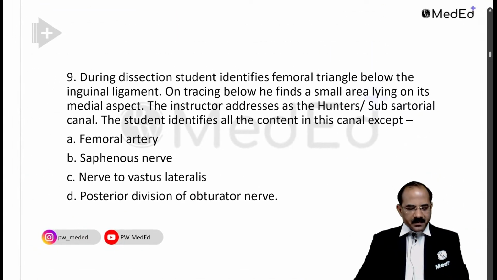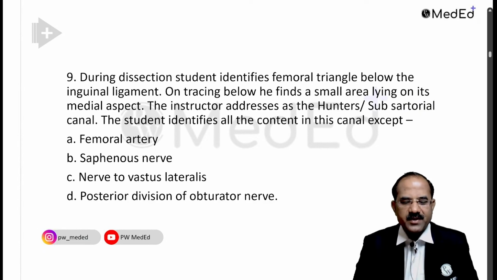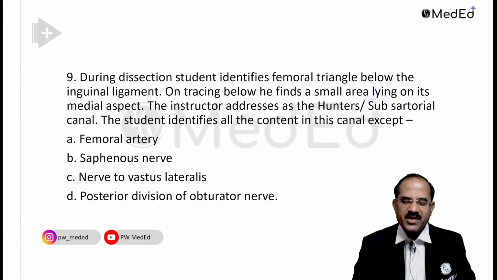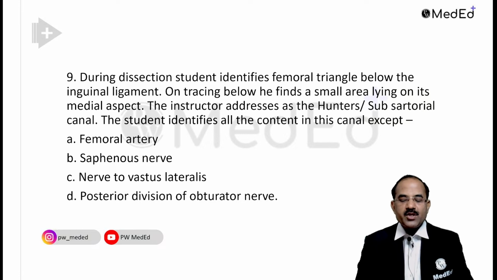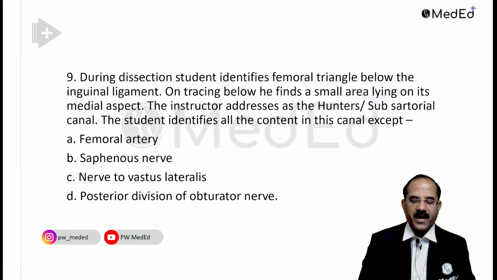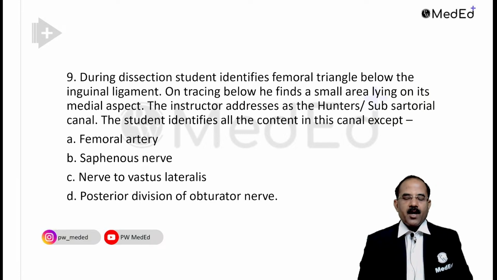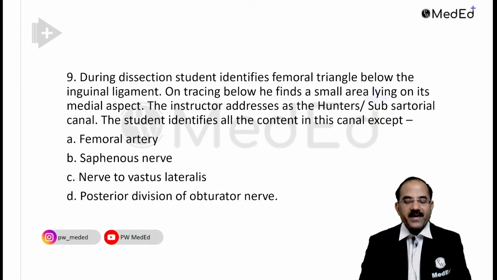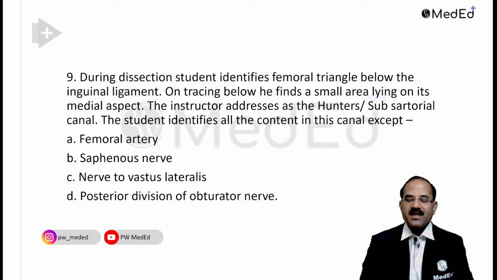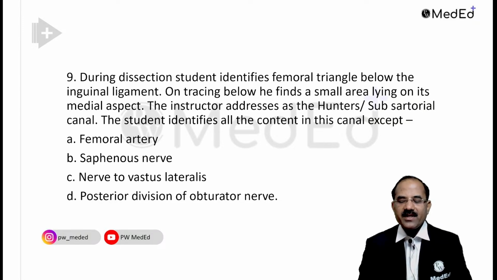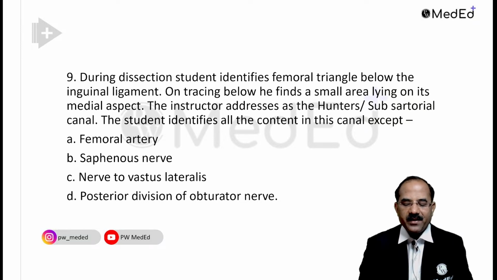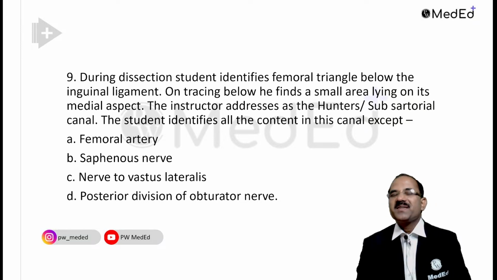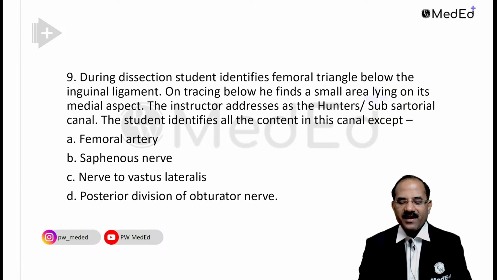Answer this. During dissection, students, during dissection, a student identifies the femoral triangle. Fine. Below the inguinal ligament. On tracing below, he finds a small area lying on its medial aspect, which the instructor addresses as the Hunter's or the subsartorial canal.